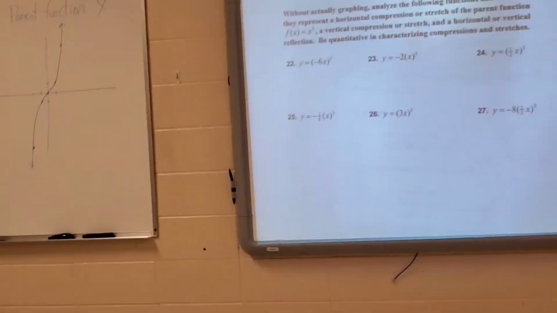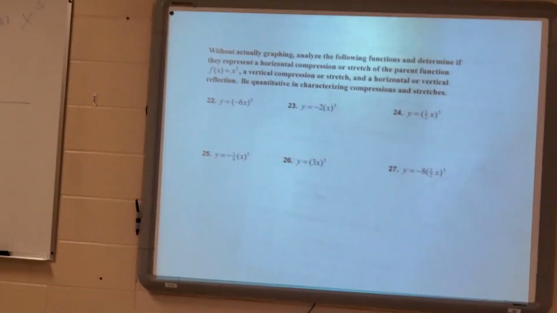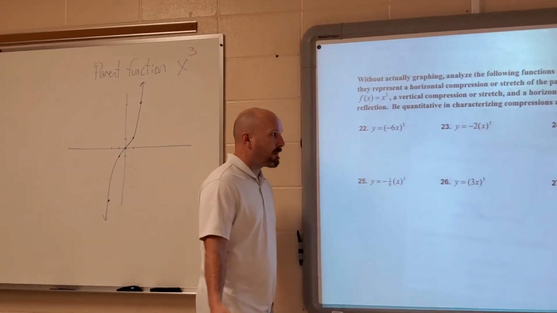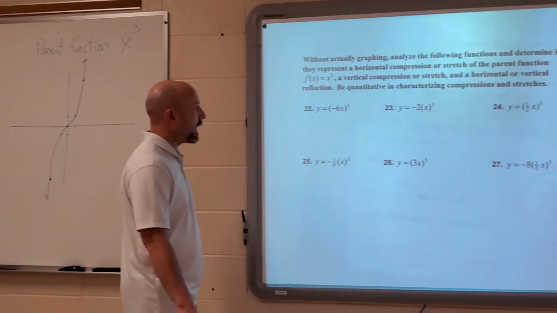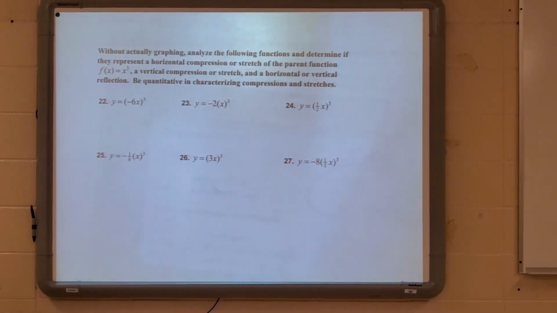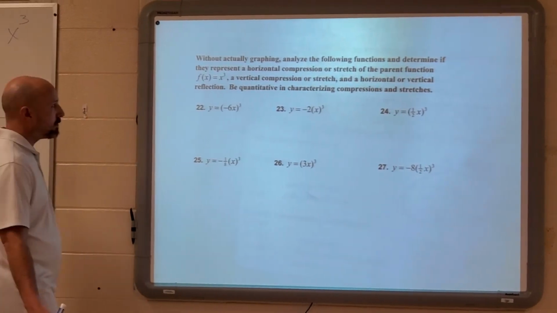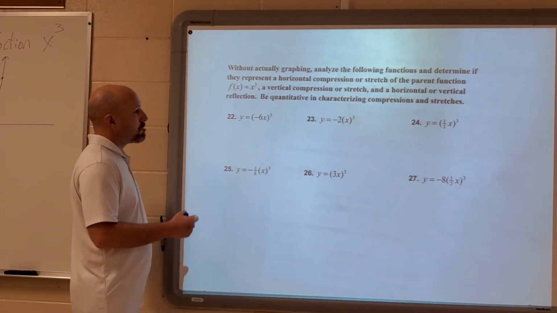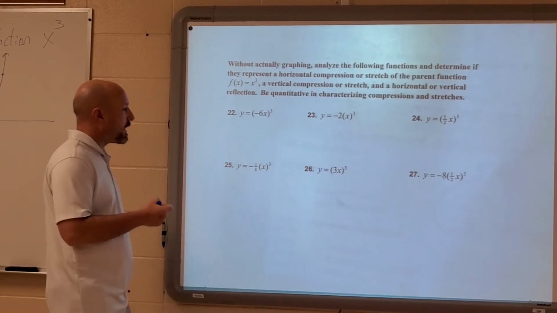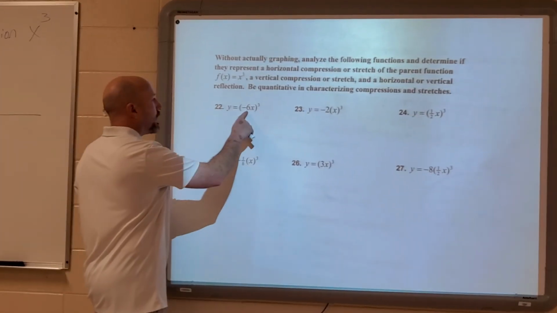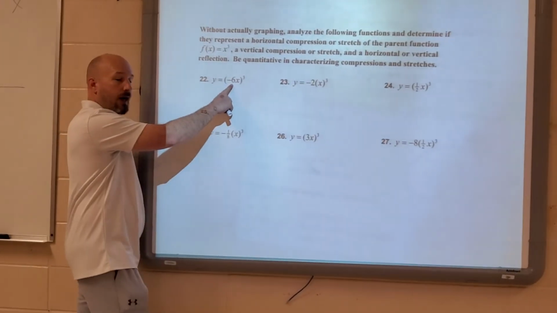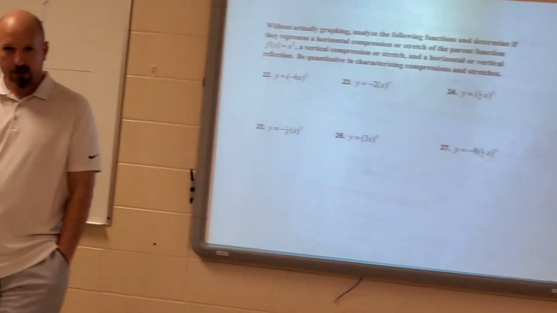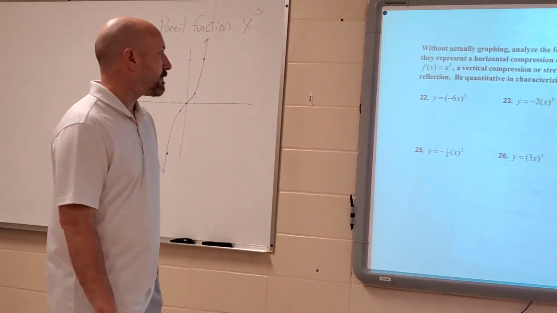Okay. So on these last ones, again, list the transformations, all right? And try to do this without graphing, okay? And I want you to understand how, if the number is in here, and if the number is out here, how that affects the graph differently, okay?